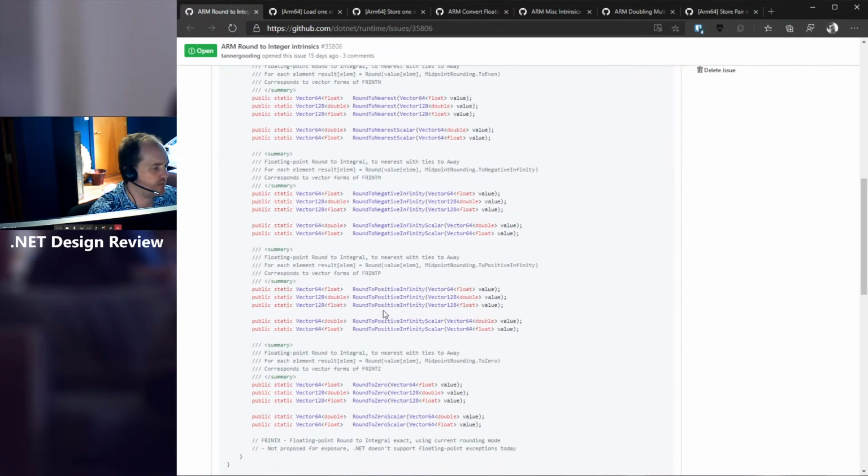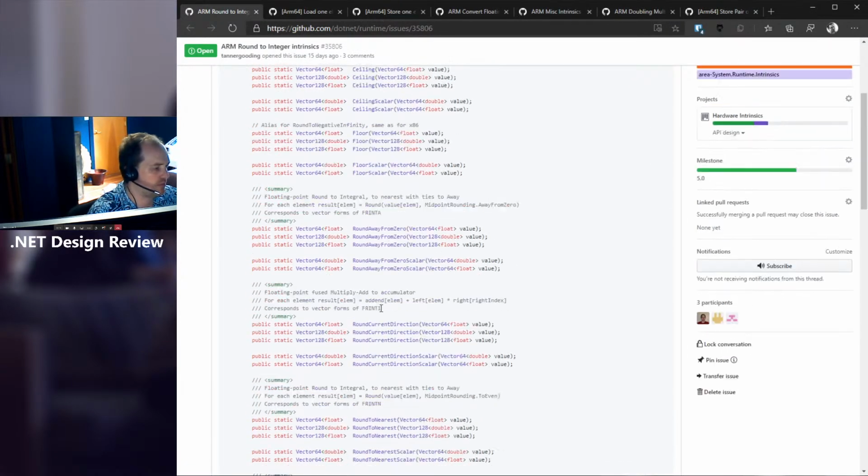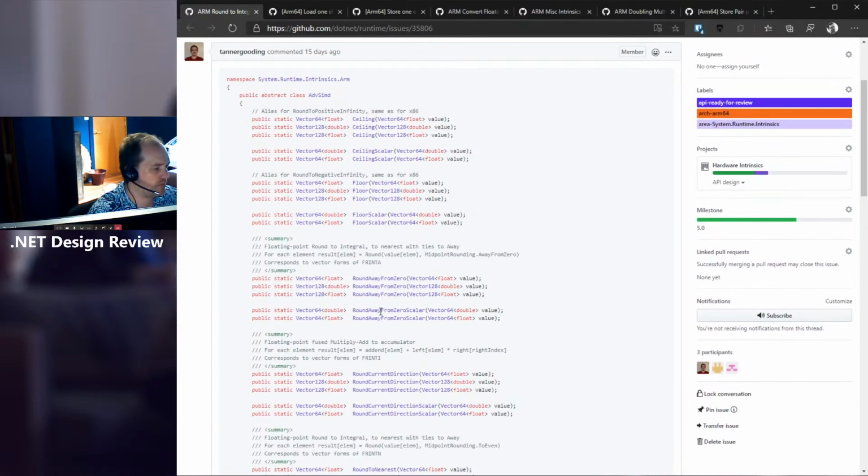These are using the same naming terms that we use in midpoint rounding, the general math enumeration, and also for x86 and elsewhere. They largely come from the IEEE spec. Sometimes they're called minus infinity rather than negative, and sometimes it's called ties to zero.